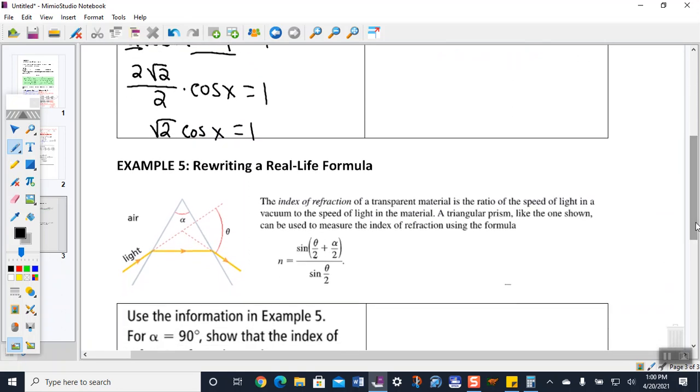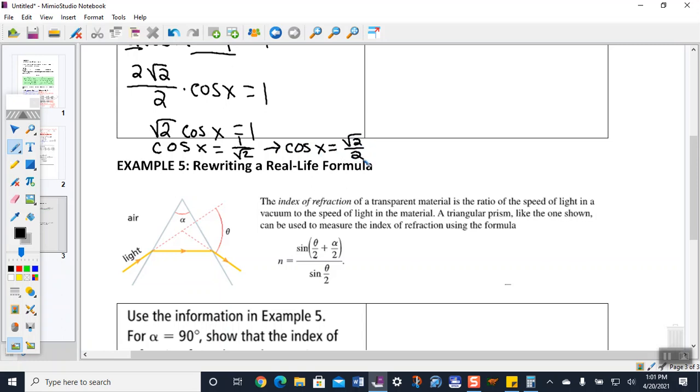Do you guys agree that from here the cosine of x would equal 1 over root 2? Is 1 over root 2 a good form or a bad form? Bad. So from this, let's rationalize this. This means that the cosine of x should equal, wouldn't that be root 2 over 2?